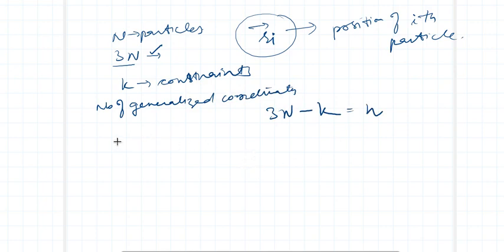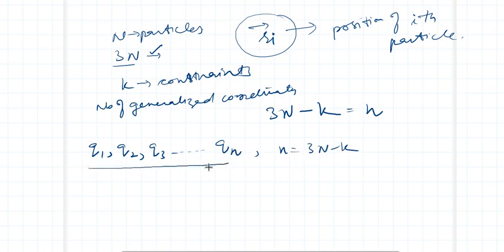And simple coordinates are represented by x1, x2, x3 and so on up to xn. Then let us denote generalized coordinates by q1, q2, q3 and so on up to qn, where n is 3n minus k. So these are the generalized coordinates, right?